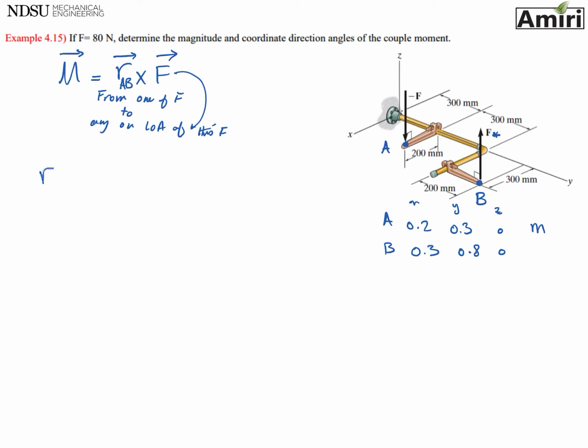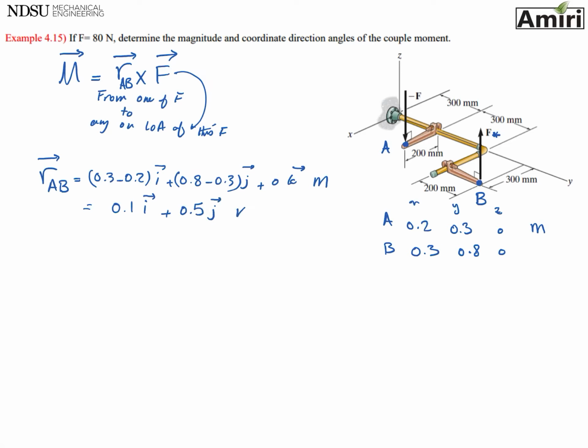So position vector AB is coordinates of B minus A: 0.3 minus 0.2, I, 0.8 minus 0.3, J, plus 0 K. The units are in meters. So it's going to be 0.1 I plus 0.5 J meters.